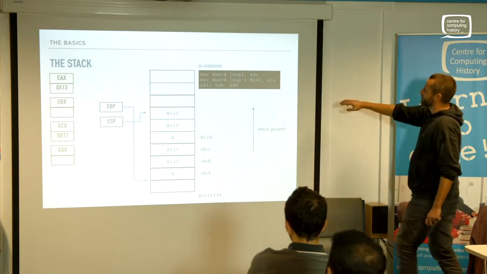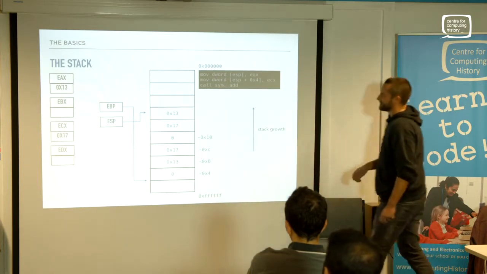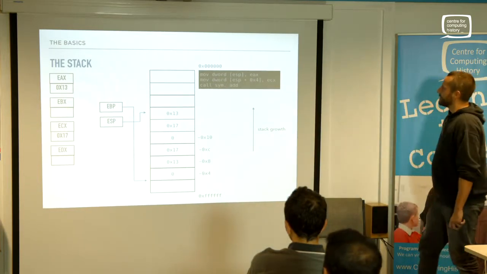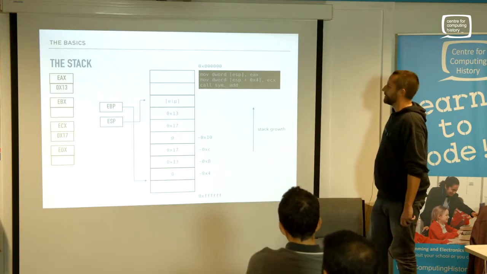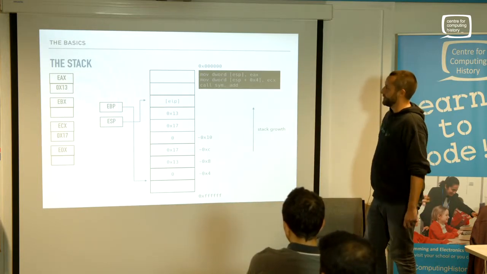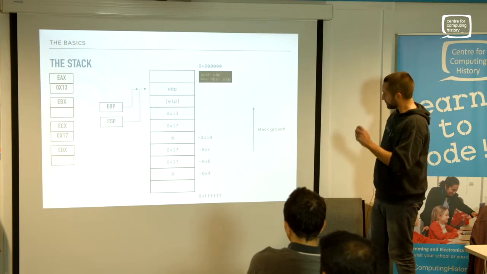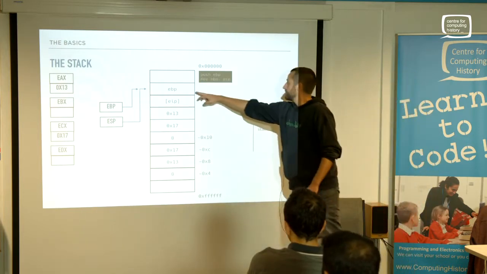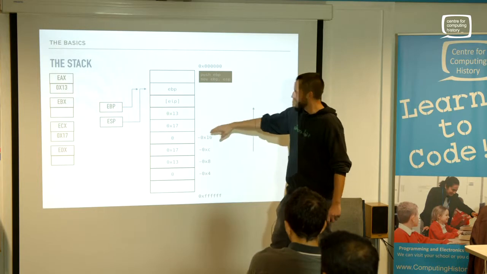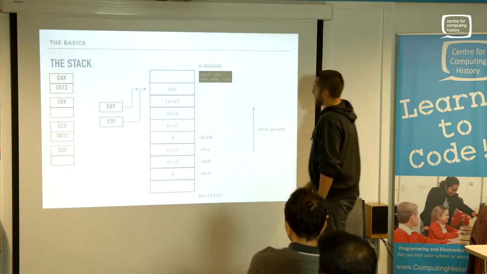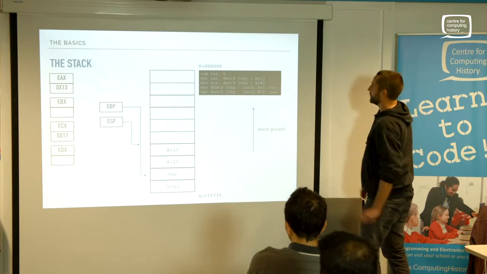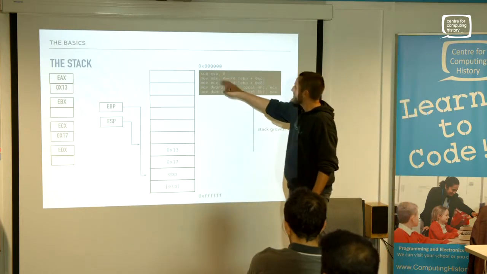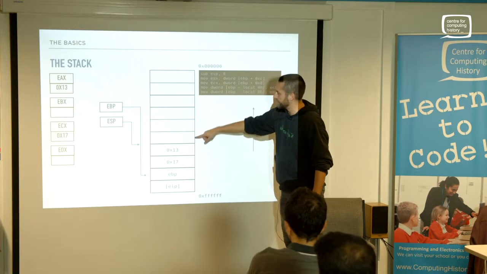So essentially you could have pushed ECX and then EAX, and you would have ended up with the same. And then we call sim add, or symbol add, which is our function, which pushes EIP onto the stack. Then we push the base pointer, and then we move our stack pointer and base pointer to the same place. So we're going to shift that all down so we can start with a bit more room. We subtract 8 from the stack pointer, giving us a bit more space.